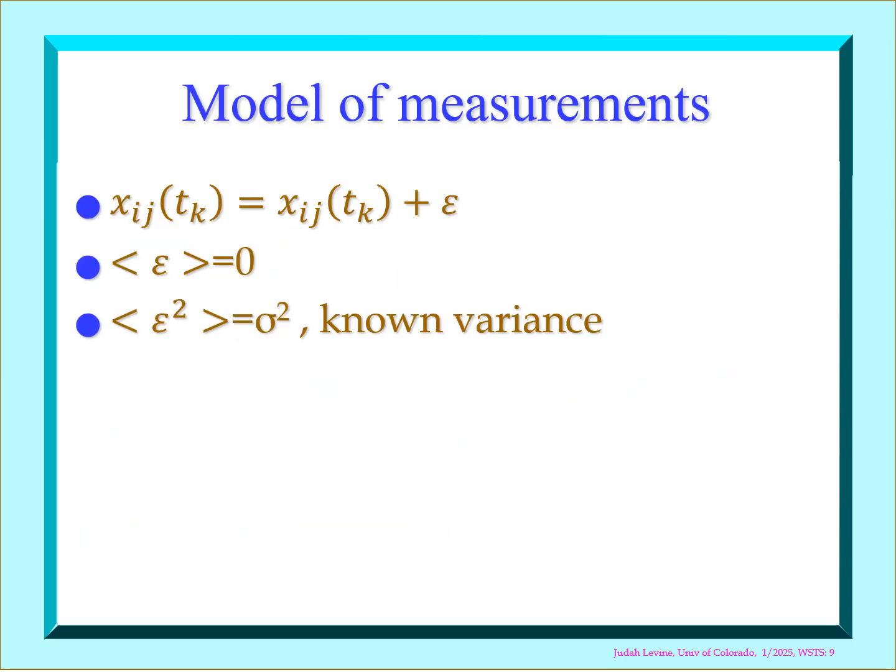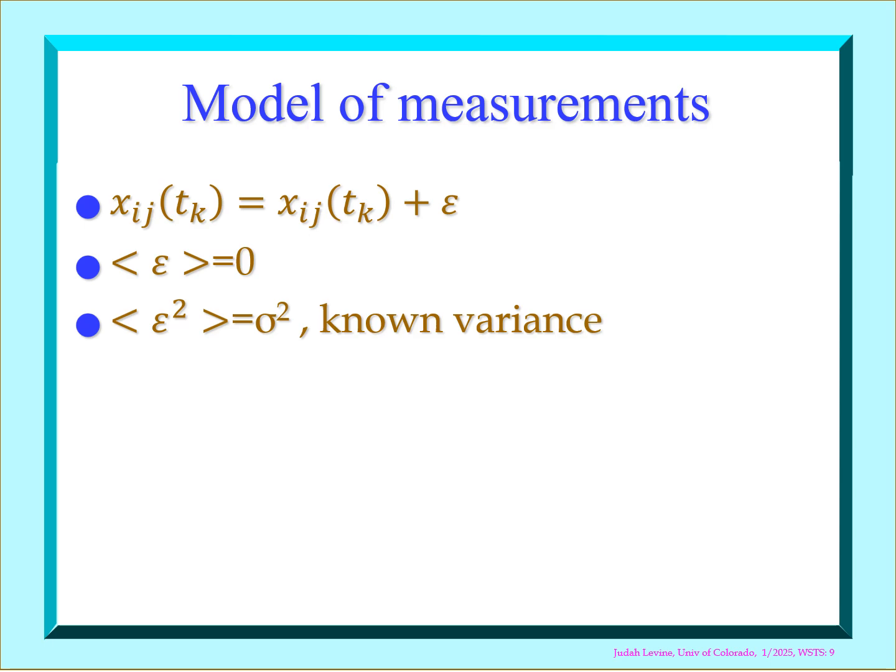Now, there's also noise in the measurement process. And the noise in the measurement process, unlike the noises in the previous slide, which are part of the evolution, that is, the value of the state at current time is the value of the previous time plus a noise. So the noise is integrated by the evolution equations.